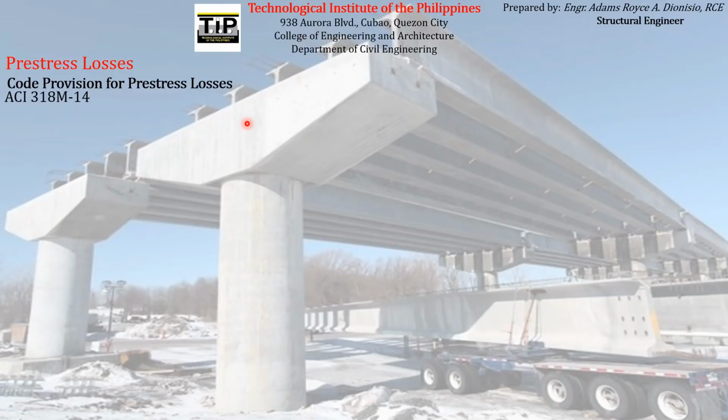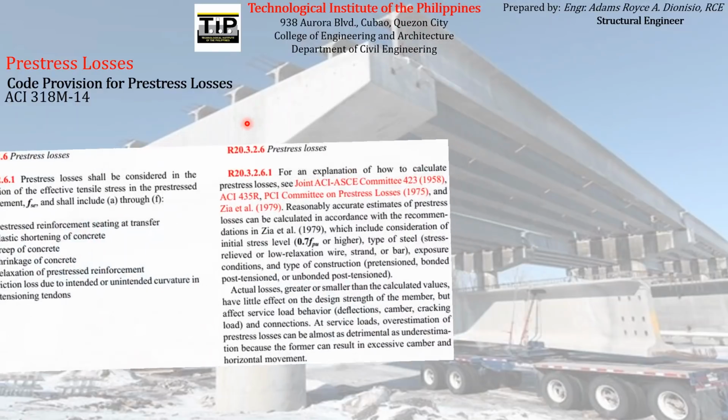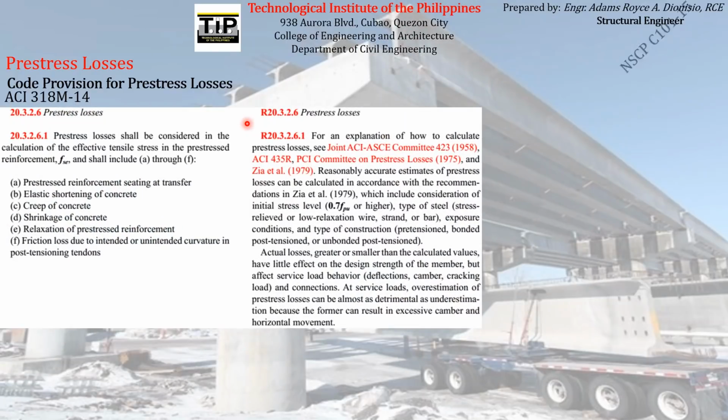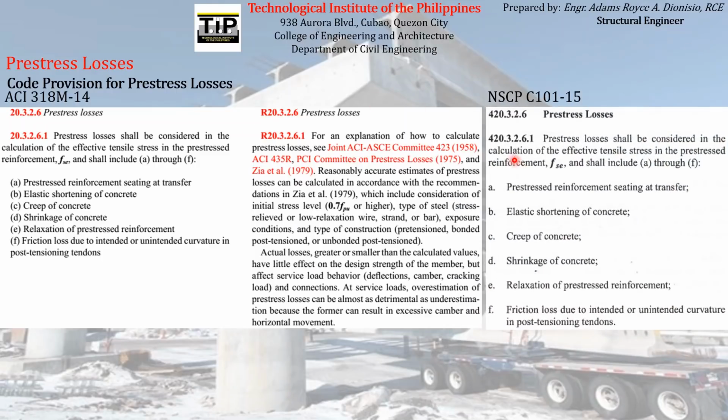Specifically, if you refer to ACI 318M-14, or our local code, the NSCP 2015, section 420.3.2.6.1, and for the ACI, section 20.3.2.6.1, you can see that the computation of pre-stress losses is required by the code, either the international code or the local code that we are using.